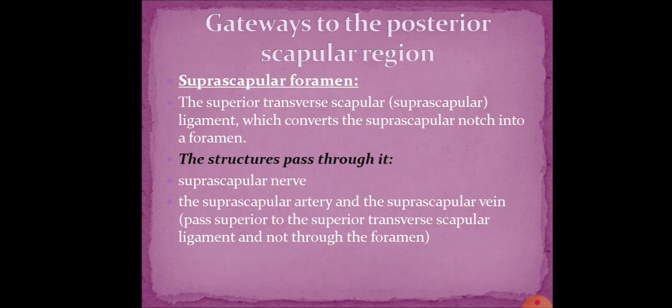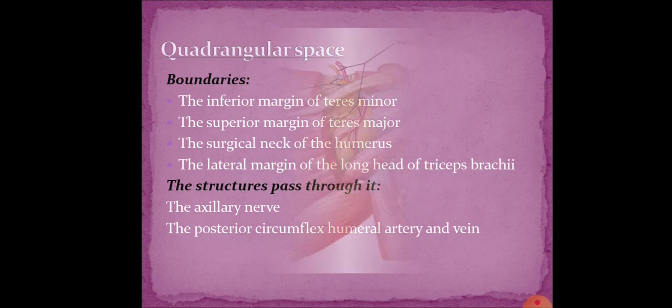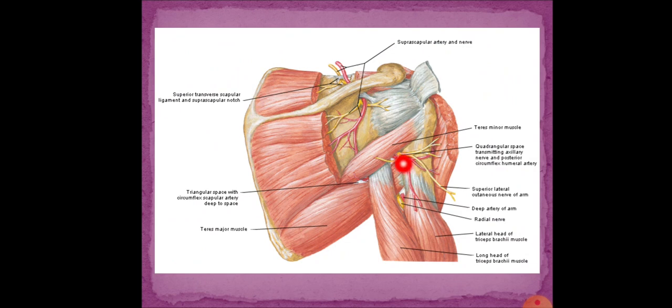How do the structures reach the scapular region? We have spaces through which the vessels and nerves reach the scapular region and the posterior part of the arm.